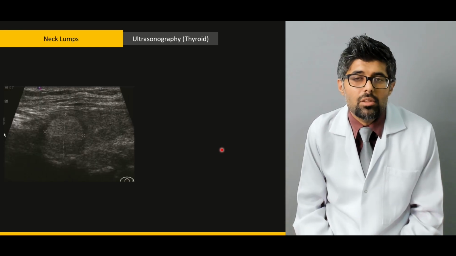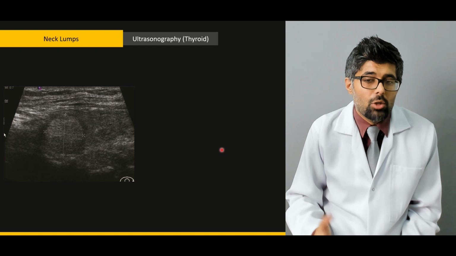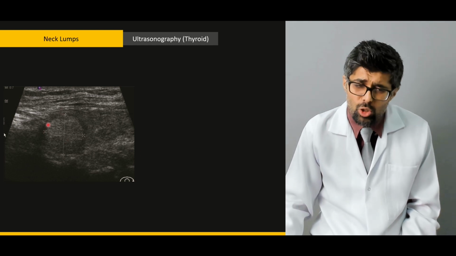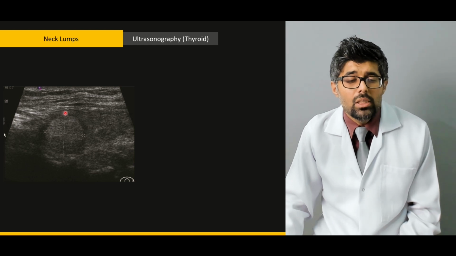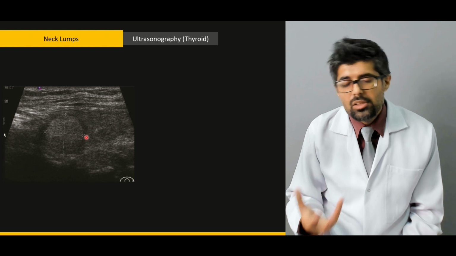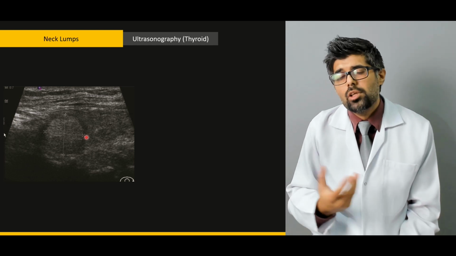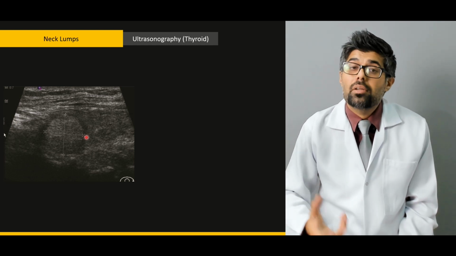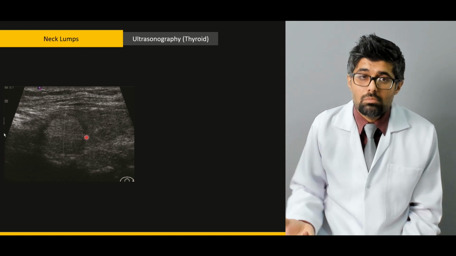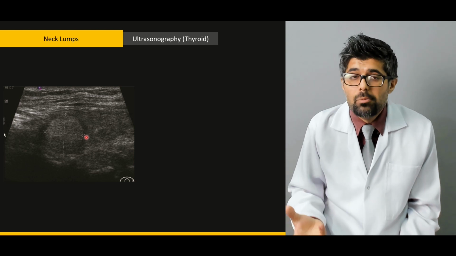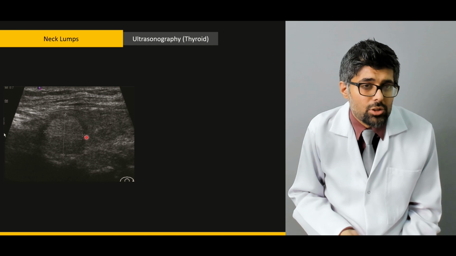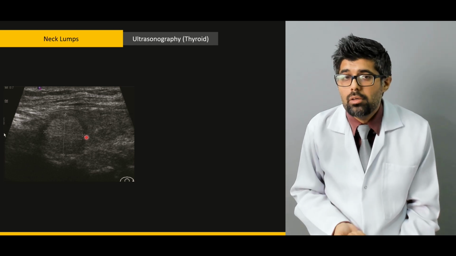Here is another ultrasound image of a thyroid nodule. Here both its horizontal and vertical size is also taken. Now, as I said earlier, most thyroid nodules are benign, but there are some that might be metastatic or might be malignancies, such as papillary thyroid carcinoma or the follicular.